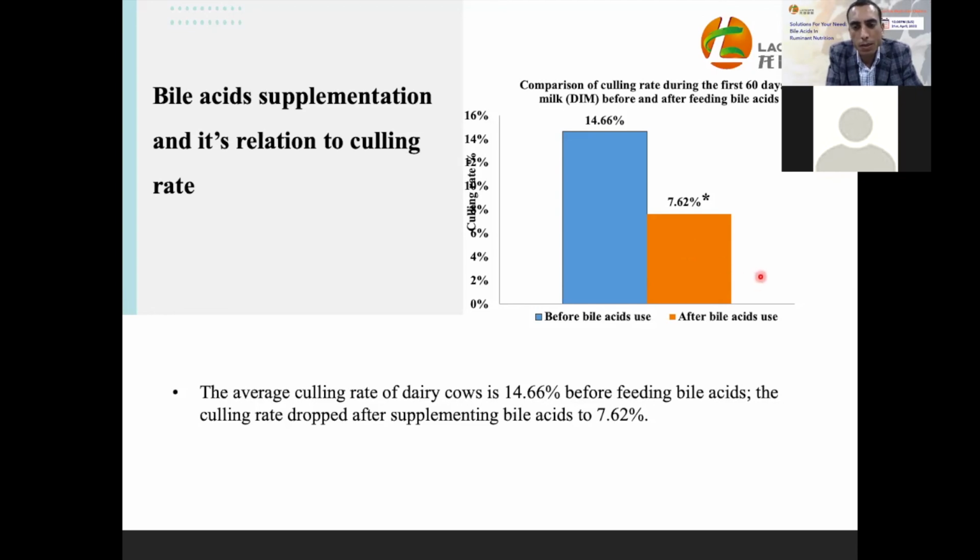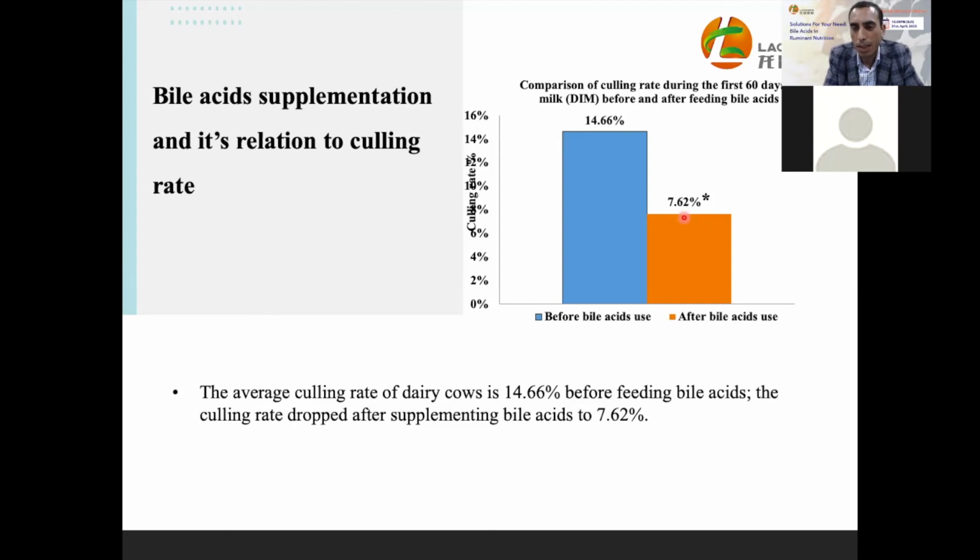During the first 60 days in milk, the level of culling cows dropped to 7.6% from 14%, almost half, when the cow received bile acid. And this is an important parameter.